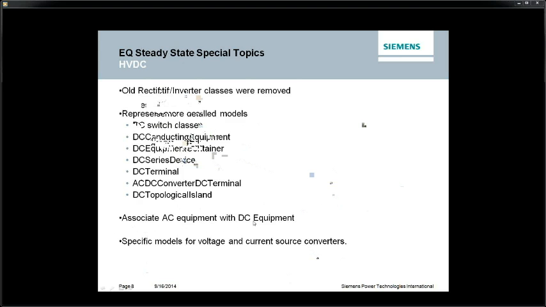Those of you who are familiar with the CIM, we actually have equipment containers and connectivity node containers, and they exist right now with the specializations of bay, voltage level, and substation as equipment and connectivity node containers. On the DC side, we added some additional specializations or additional containers.